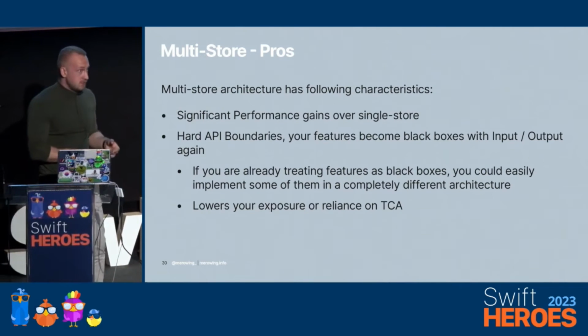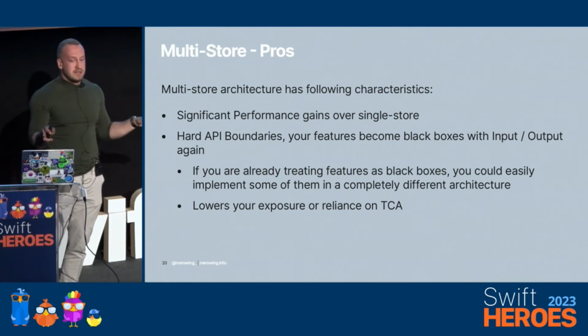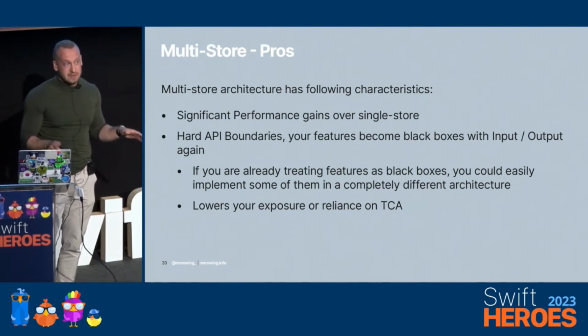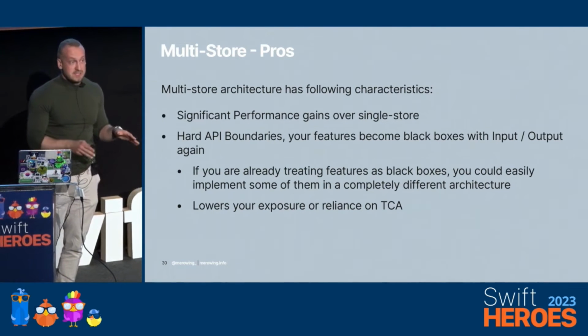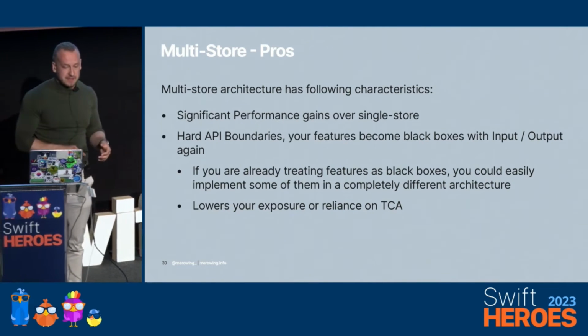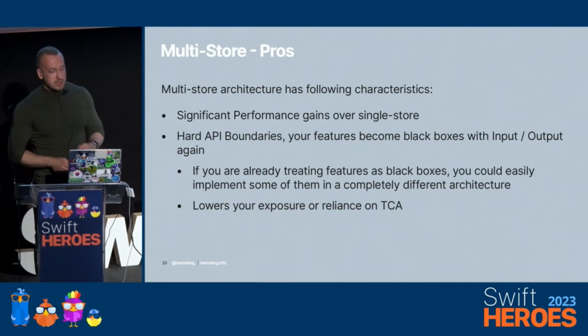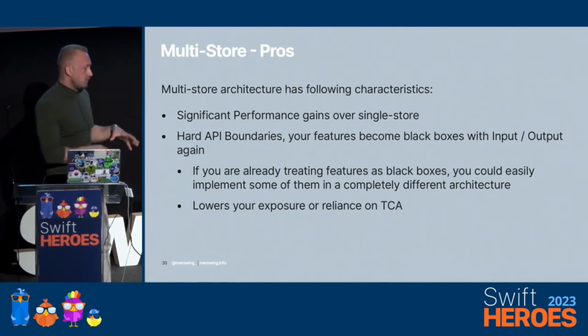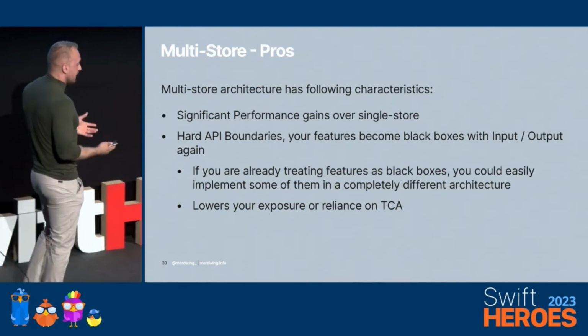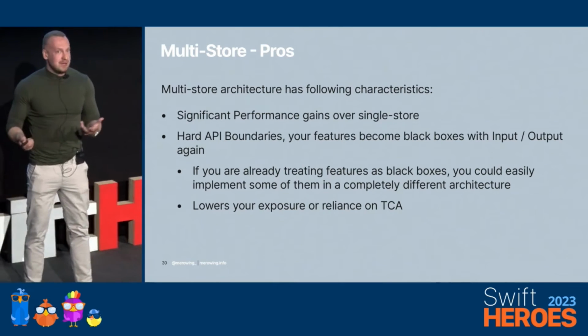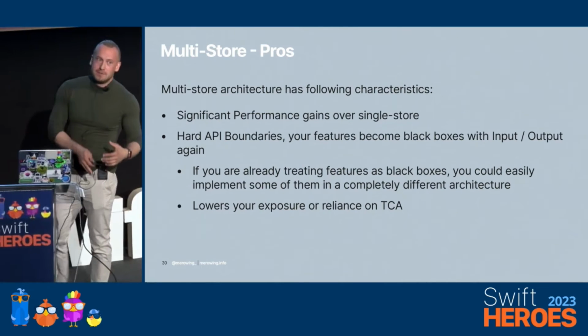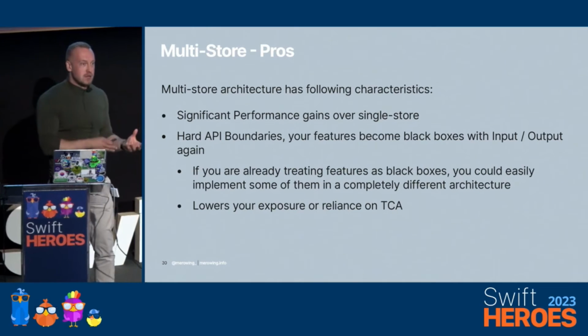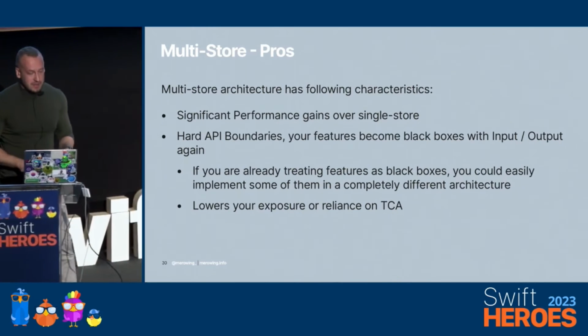This gives you like 100% safety, like no one is going to look at your implementation details because they simply won't be able to, because all those symbols will be private. This also lowers your exposure to TCA. If the project grows and you realize TCA is really not where we want to go, like it sounded great when we were smaller, but as we grew, it became a problem.